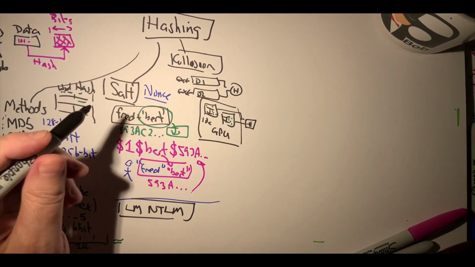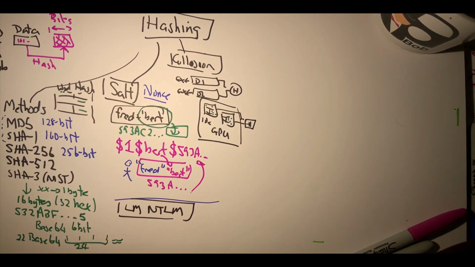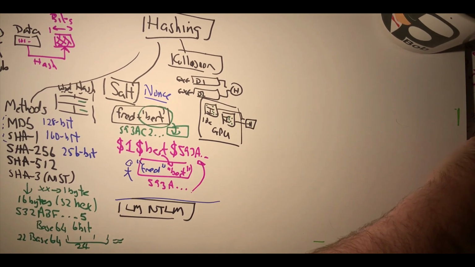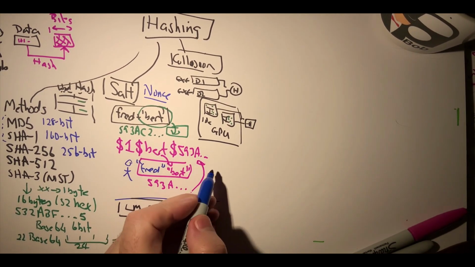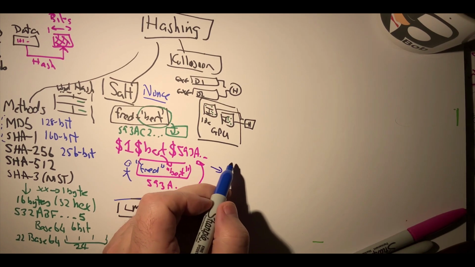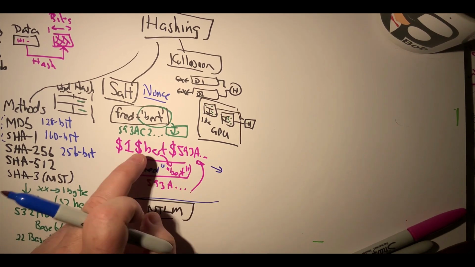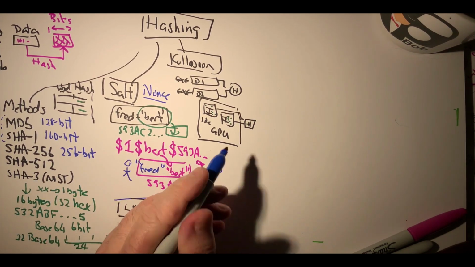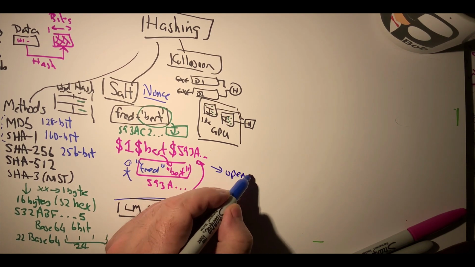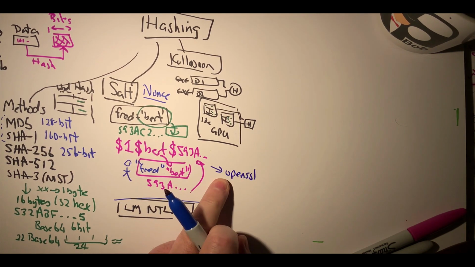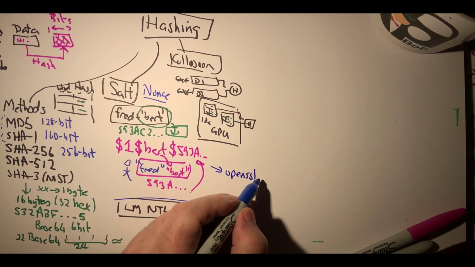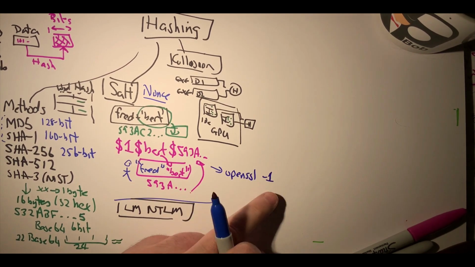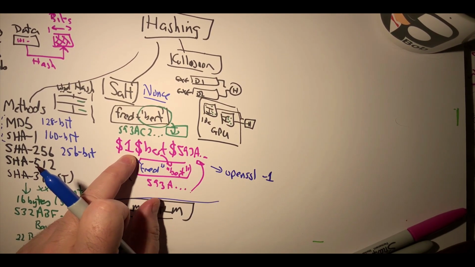With OpenSSL, we have a standard method which can check these hash values, and a typical way that we would implement this hashing is with OpenSSL, and then we have the method type, in this case -1.